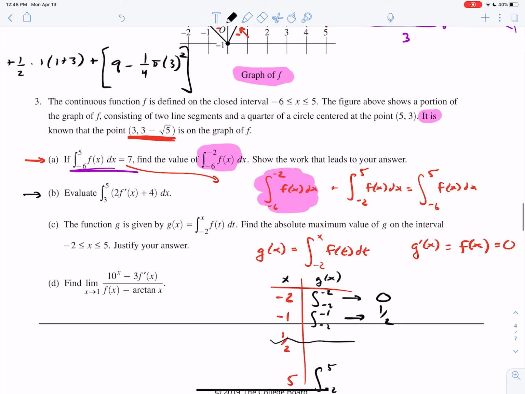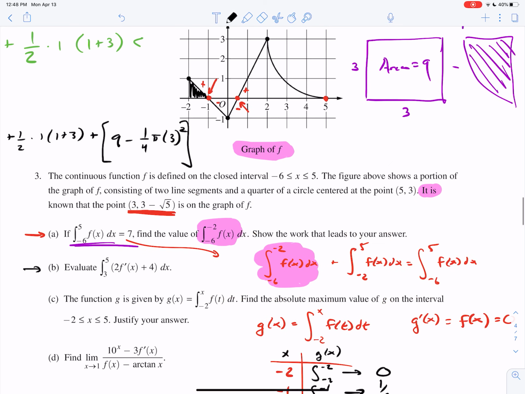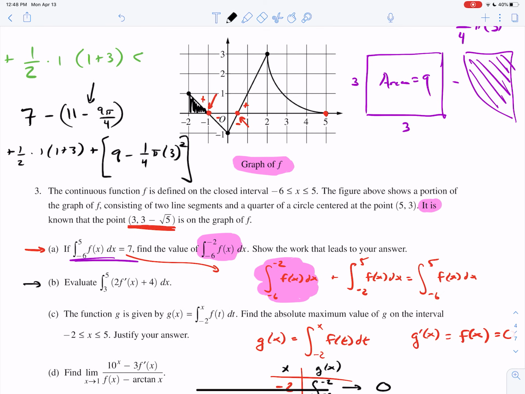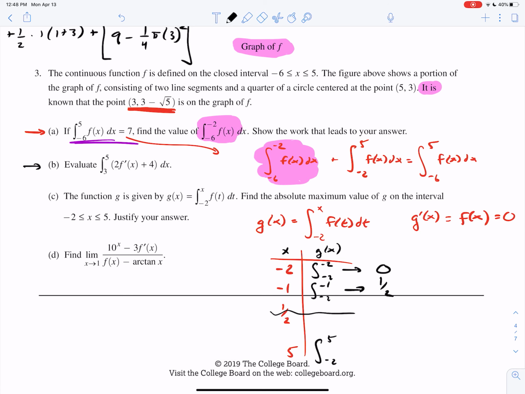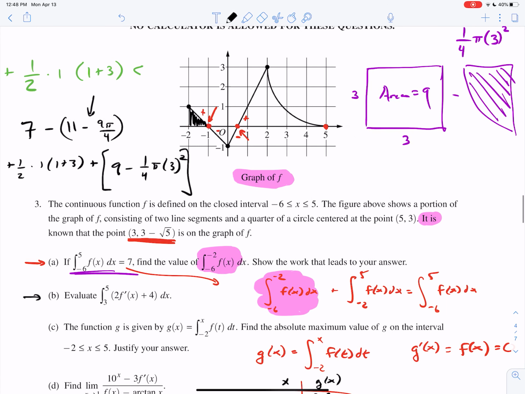Which comes out to, I'm going to cheat a little bit, 11 minus 9 pi over 4. I think I'm getting this right, because it was the initial value 7 minus... So this is just the black stuff. 9 pi over 4. Remember, pi is about 3.